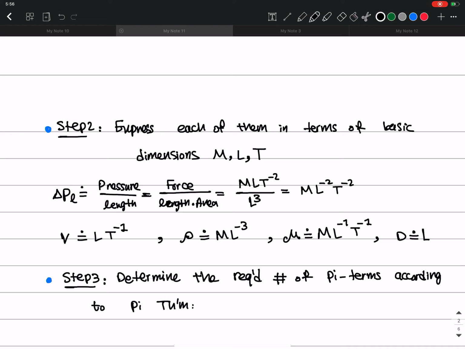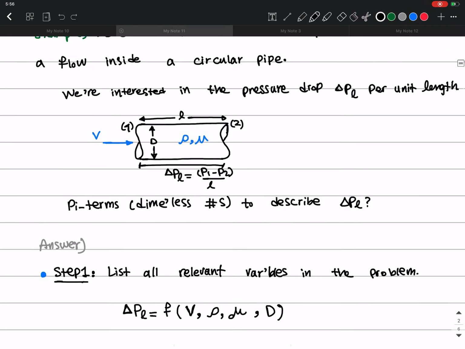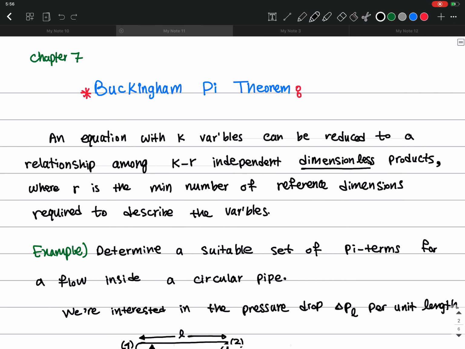Okay. So the pi theorem states that the required number of pi terms is going to be k minus r, where k is the number of variables and r is the minimum number of reference dimensions.